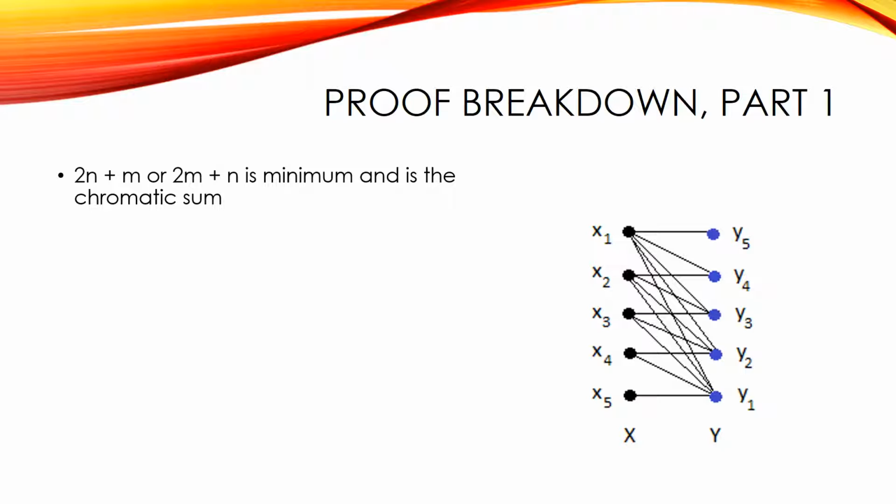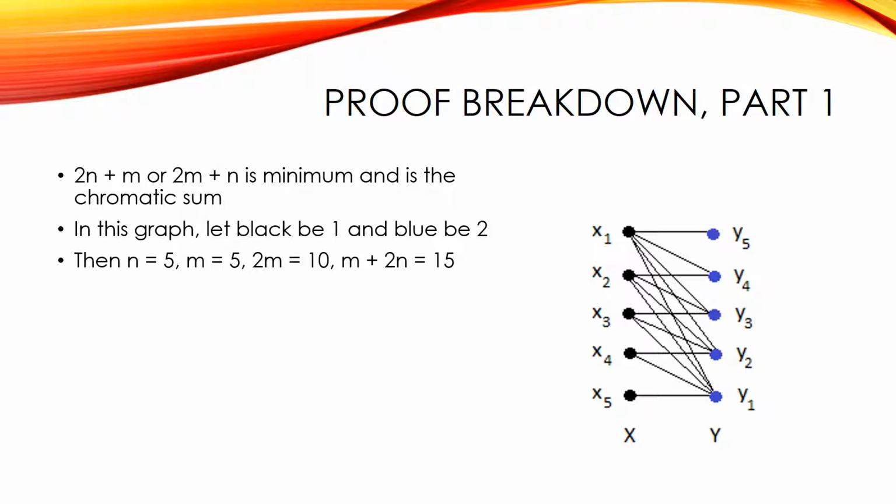But in this case, if black is color 1 and blue is color 2, for example, notice that all the black vertices are in X and all the non-black vertices are in Y. So again, in this graph, we're going to let black be 1 and blue be 2. And then we can calculate this out. Then n is equal to 5 and m is equal to 5.